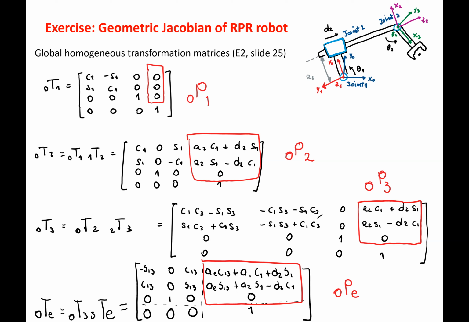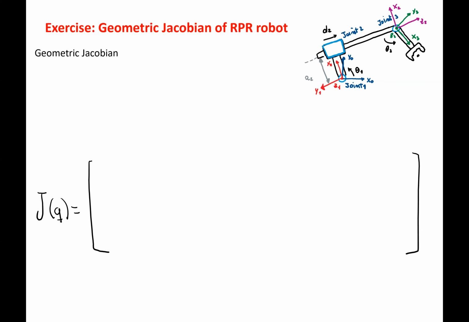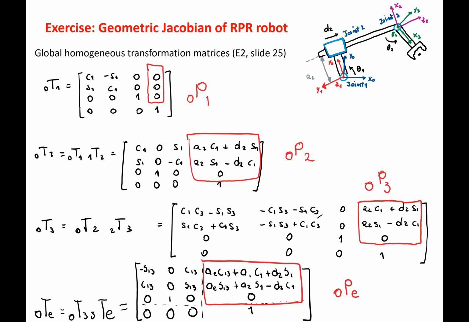Here, 0 is the world frame, the fixed frame. Okay, let me go to the next slide. The only thing different from what we already did is that I derived the last homogeneous transformation matrix. The rest is all the same as in previous exercises. That's why I went a bit fast on this.